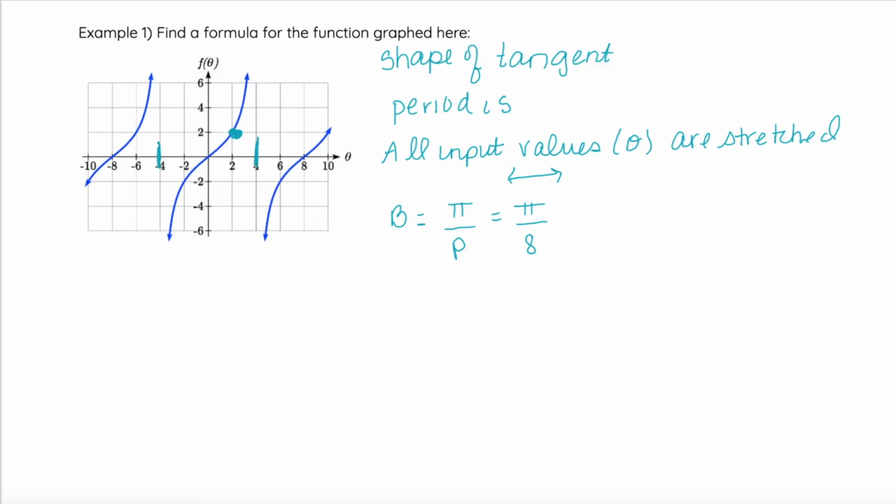We can state that our general formula is A times tangent of k theta.